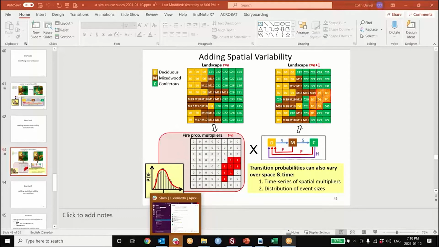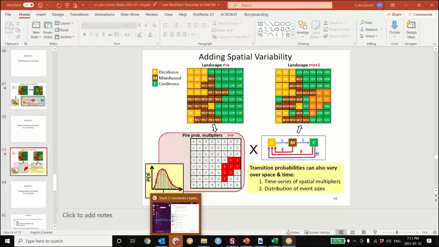Yeah, a common thing we do with it, for example, is we were talking about urbanization yesterday and trying to get the cellular automata model to grow it out. You can use multipliers to represent, say, zoning regulations. So you can put multipliers of 0 in areas that are protected from development, and put 1s in those areas that are zoned so that the urban growth happens only in those areas where it's allowed.